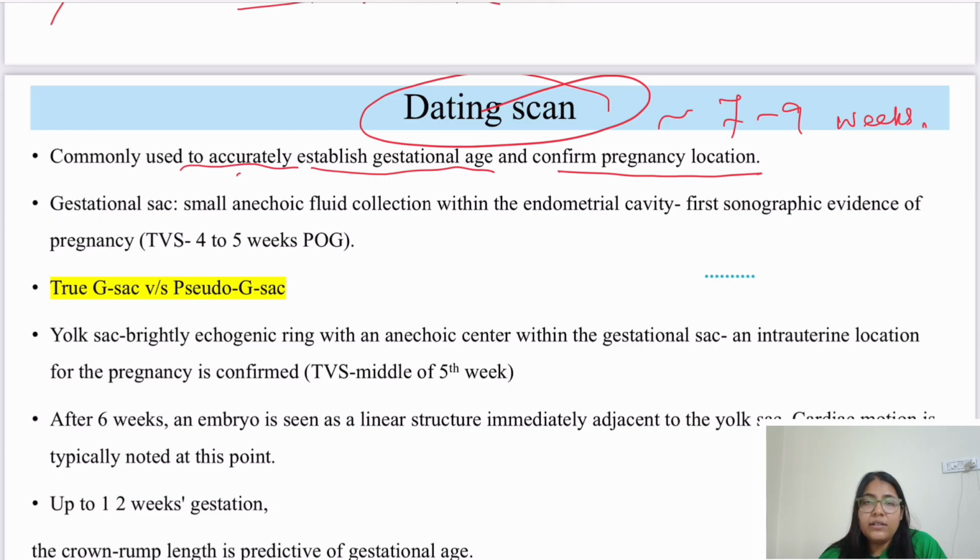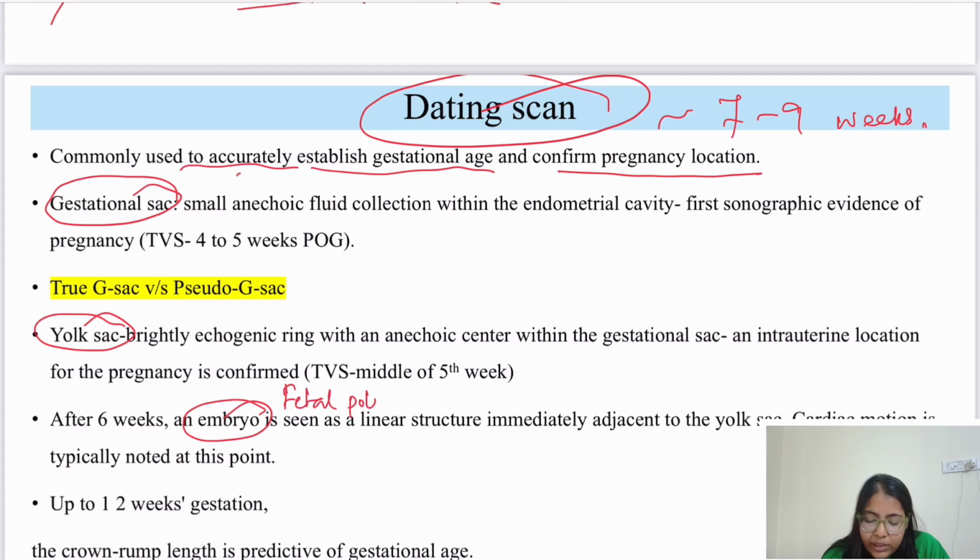So there is some sequence in which you can see how an intrauterine pregnancy develops. First is the gestational sac, also known as the G-sac, then there is the yolk sac, and then there is the embryo or fetal pole. Okay, so in this sequence only an intrauterine pregnancy develops.